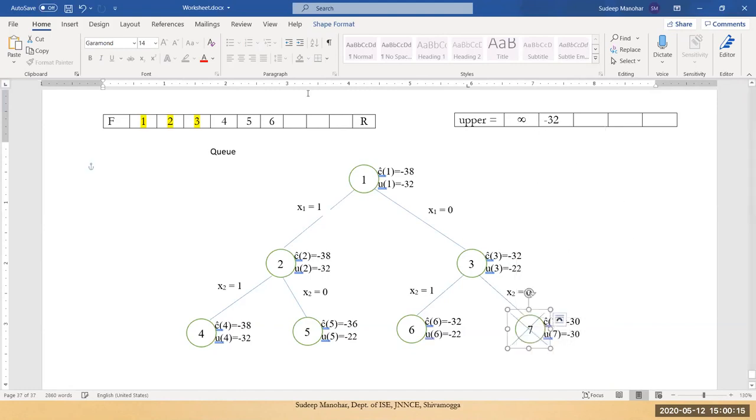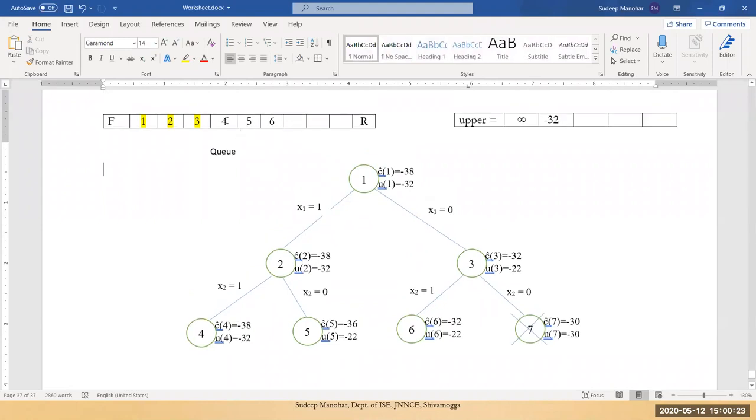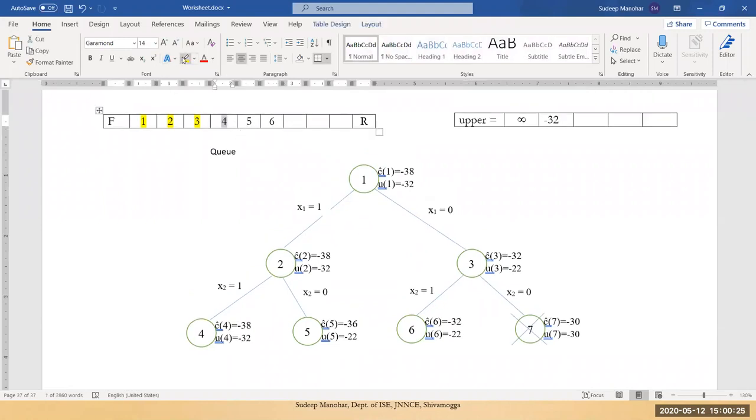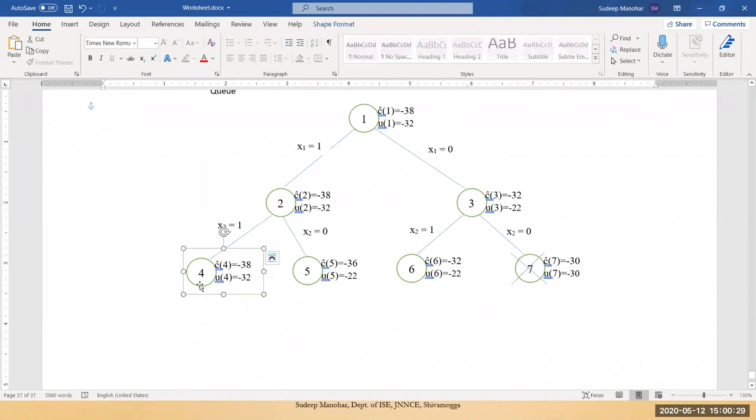So 7 is killed. Don't enter into the queue. Next, which is the next E node? So now we have to see the queue. There is 4 here in the front of the queue. So mark it, and 4 becomes the next E node.